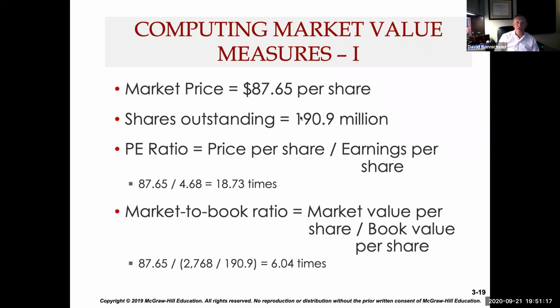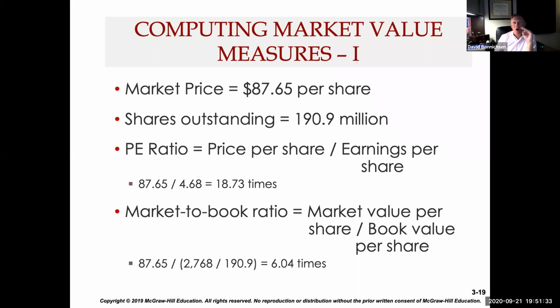But on the day that you bought one share of this company at 87.65, what you've essentially said is, you know what, I believe in the long-term viability of this business.